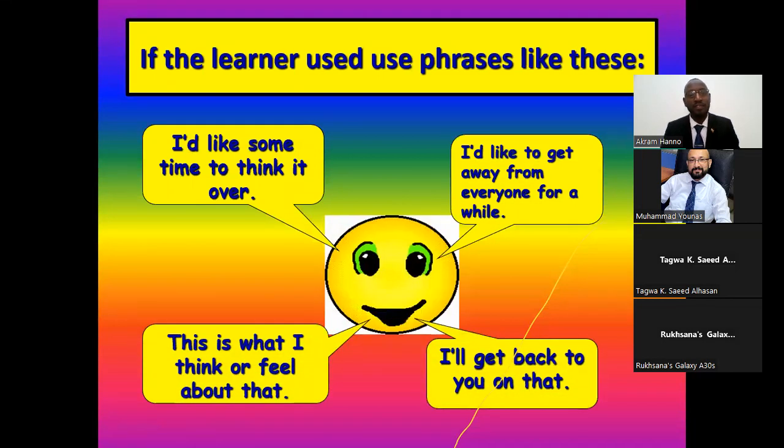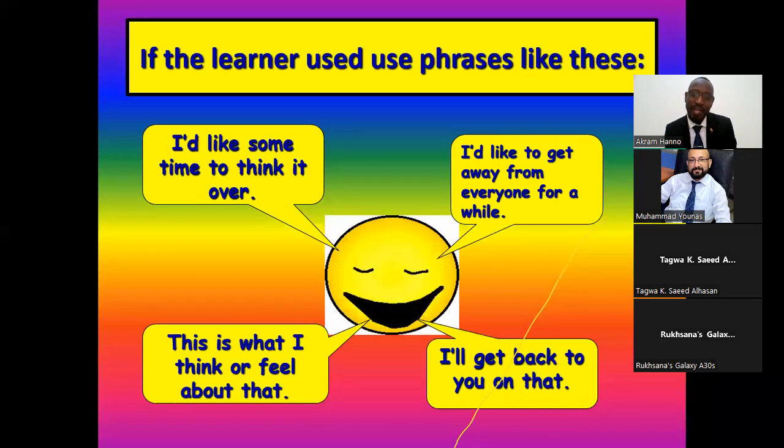Look at this. If the learner uses this quite a lot, okay, I'd like some time to think it over. Or I'd like to get away from everyone for a while. I would like to be aloof, or in other words, a bit distant. But it says that no man is an island.